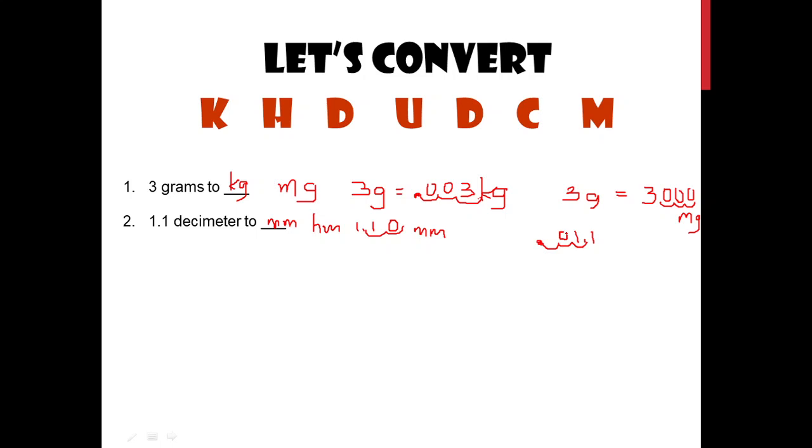And then I'll just add zeros. Okay? So 1.1 decimeter is equal to 0.0011. Okay, remember the decimal is moved here. So the 0.0011, the unit of measure is now, oh sorry, that's hecto. That is hectometer.